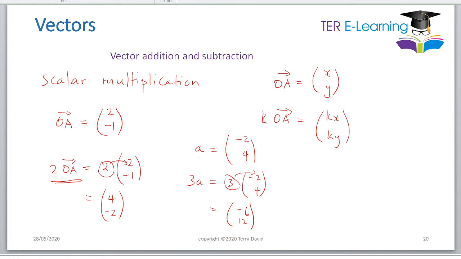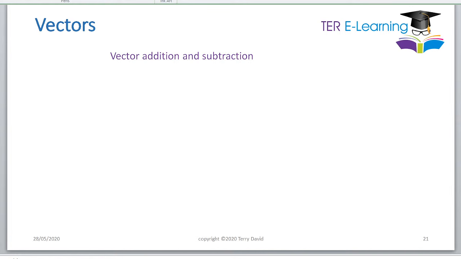All right, so that's scalar multiplication. So let me give you one to do. Let's say I have a vector A and it's given by (-2, 6), and I want the vector 3A, right? So that's one.